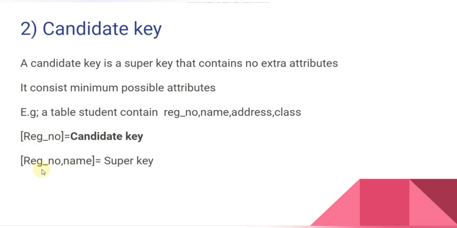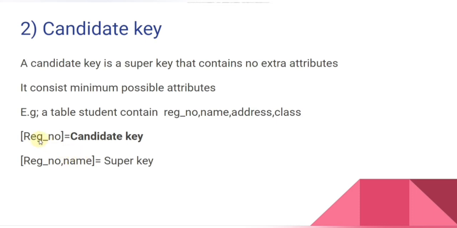With the help of registration number, I can access the data of a student, so I cannot add name to the registration number as in a super key. A super key contains name and other unnecessary attributes, but in candidate key, I cannot add unnecessary attributes. I have no need of name.